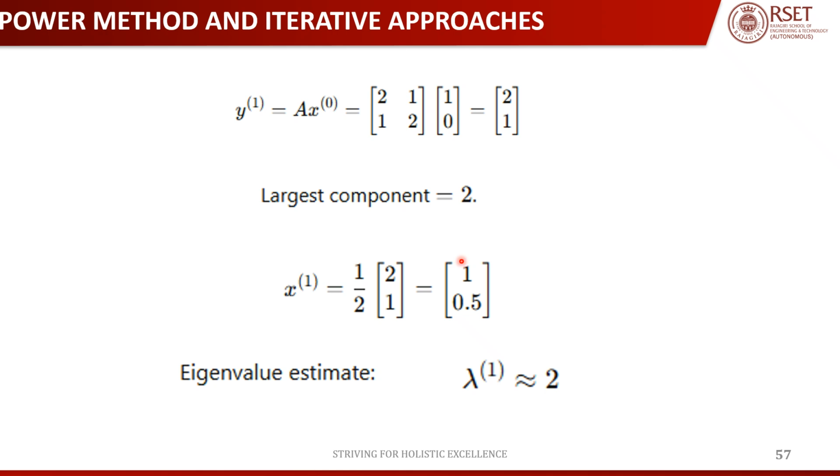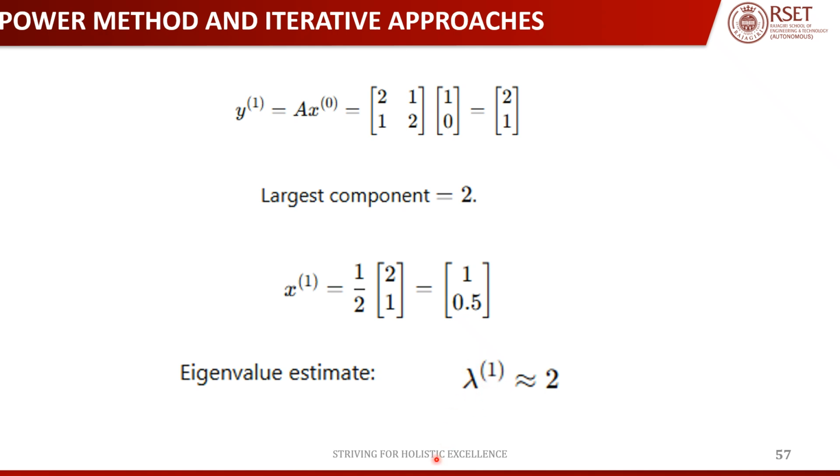When we divide by 2, we have 1, and the other entry is 1 by 2, which is 0.5. Now we have x1, which is for the next iteration, and we have the first approximate eigenvalue, the largest component. We call it lambda 1, or in the explanation it was alpha. That's fine, since it's a variable.